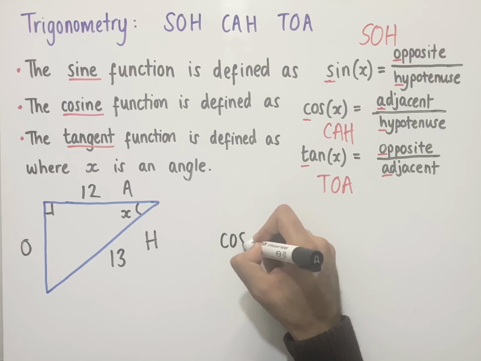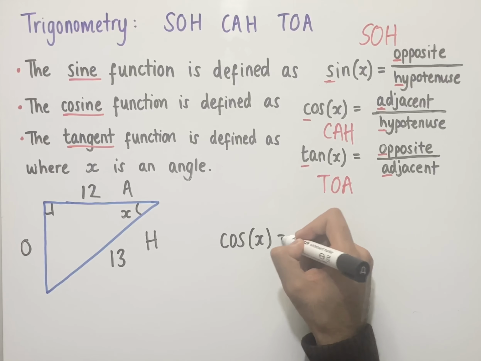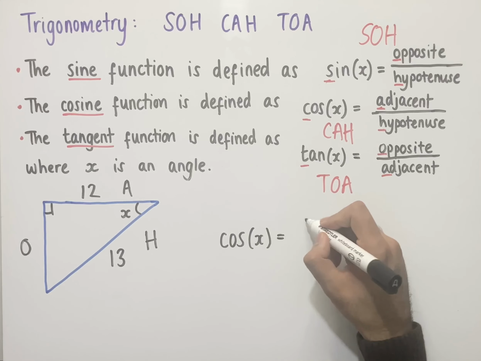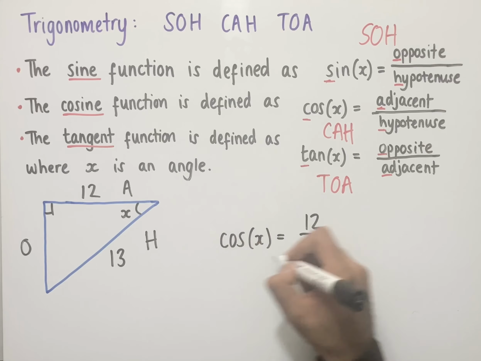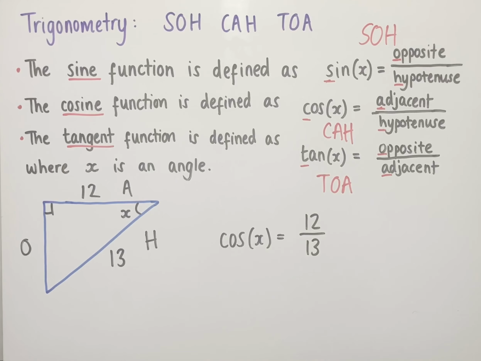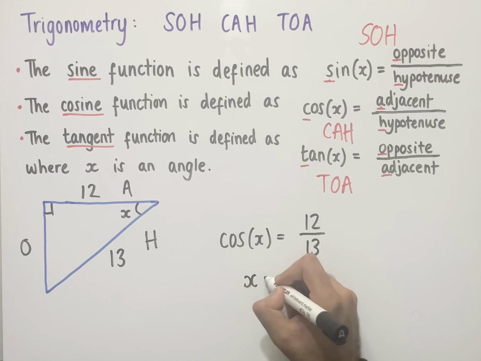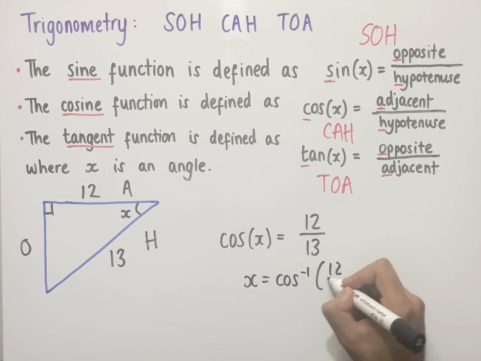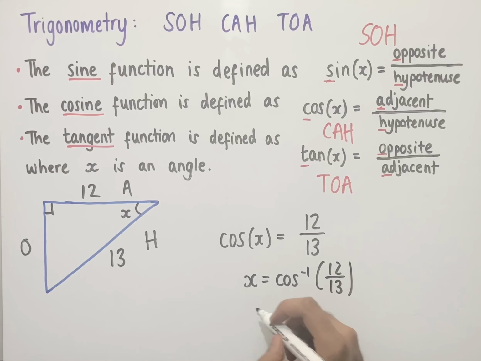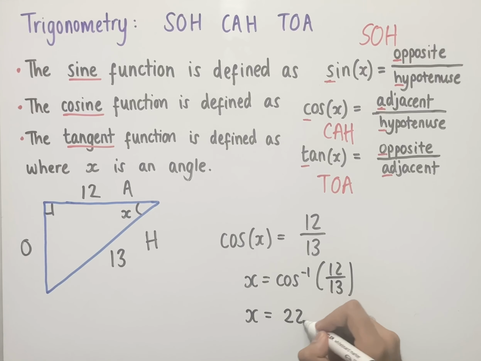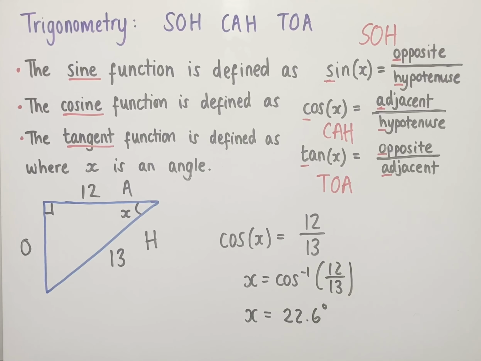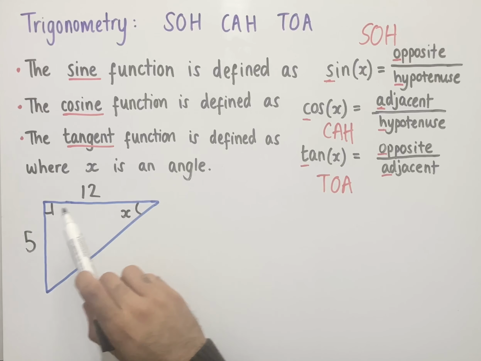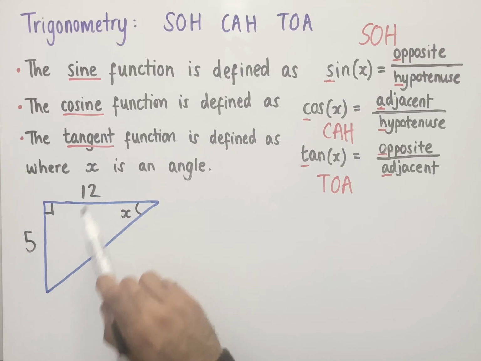So we have that cos x equals the adjacent side 12 over the hypotenuse 13, and so taking cos inverse of both sides, we find that x equals cos inverse of 12 over 13, which if we put on a calculator to 1 decimal place, we get 22.6 degrees.